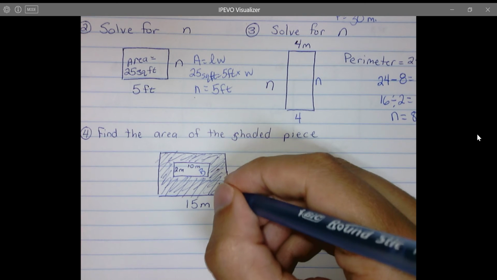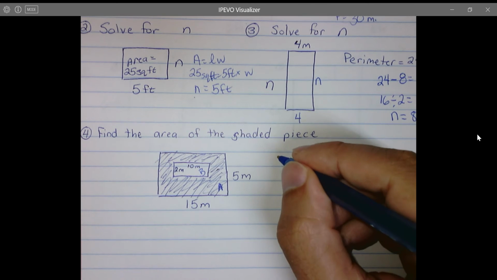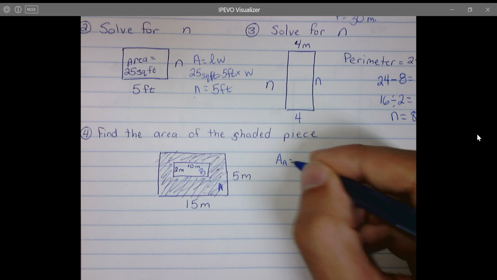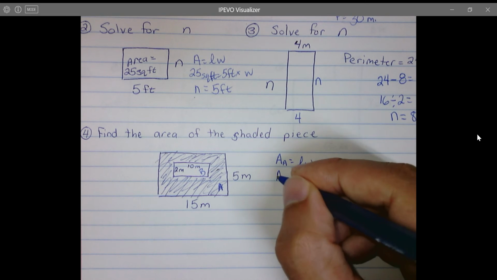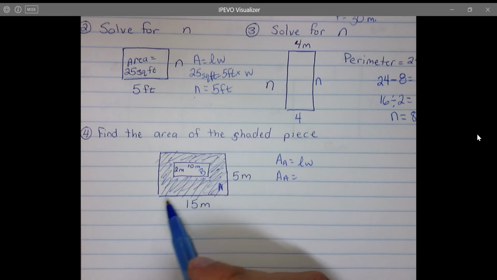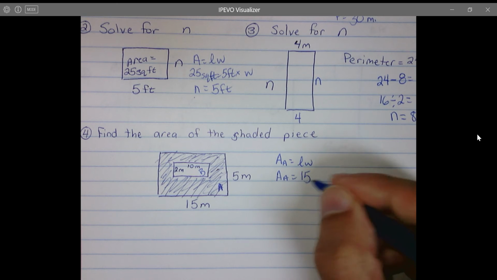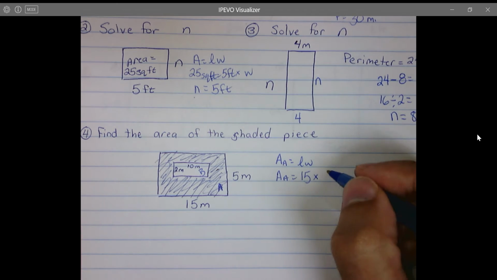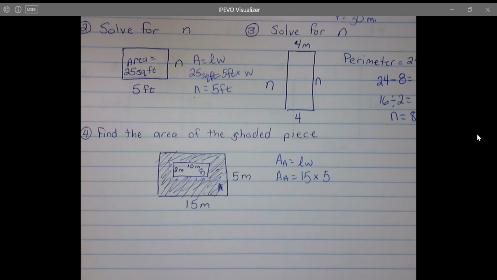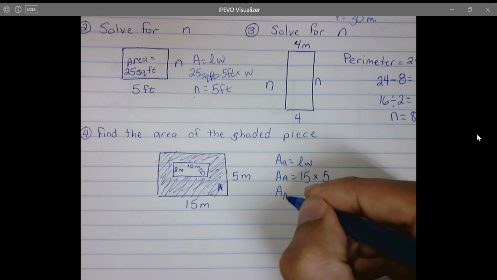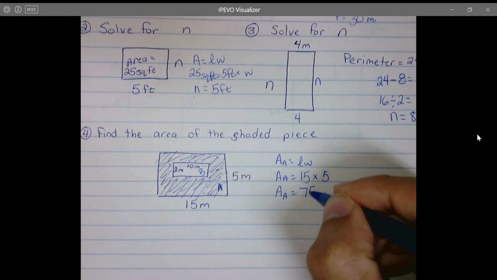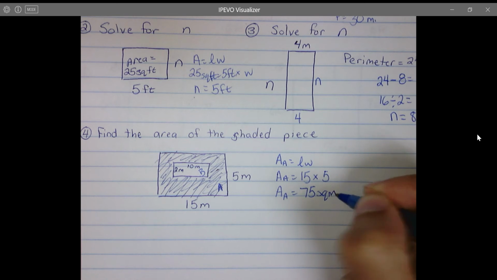I'm going to use A and B this time. So the area of A, length multiplied by width, plugging in what I know, that would be 15 multiplied by 5. Solving that however you'd like, that would give me an area of 75 square meters.